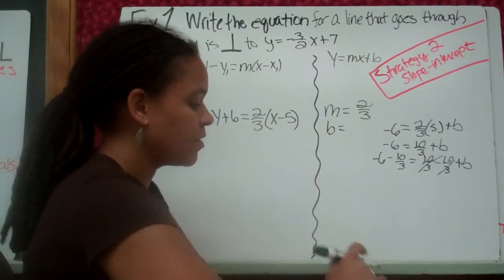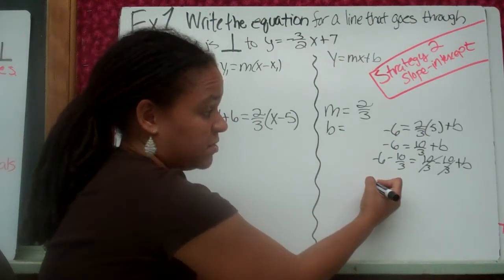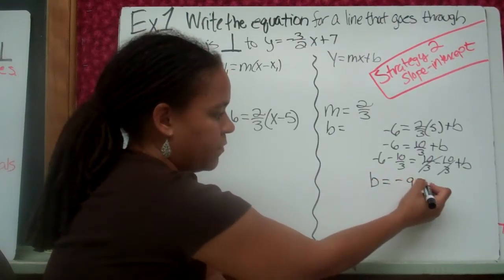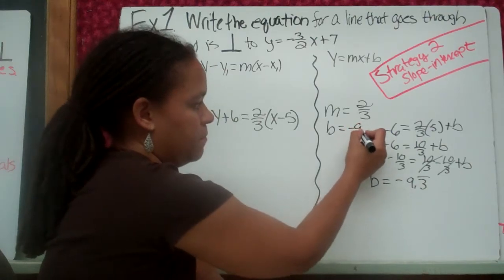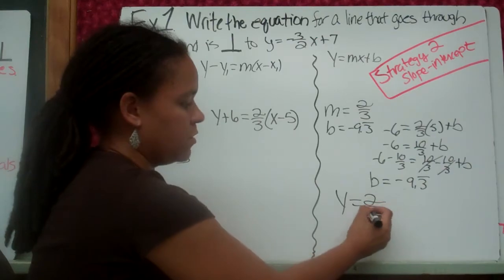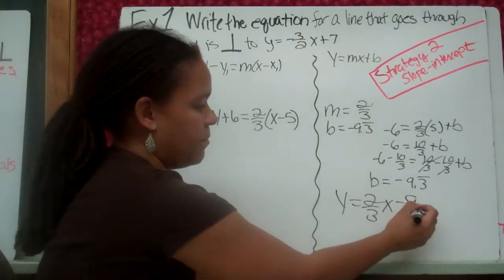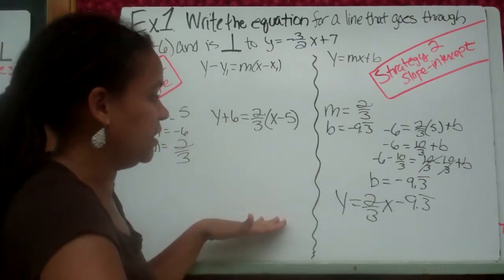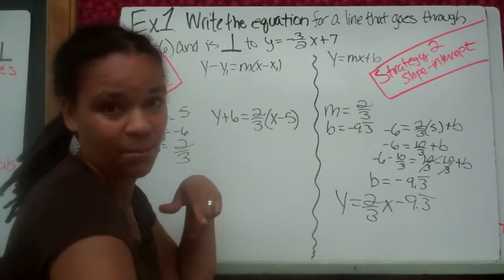Doesn't matter, either way. I'm going to write it as a decimal, -9.3 repeating. So our equation would be y equals 2/3 x minus 9.3 repeating. If you tried this and solved it all the way down, you should have ended up with the same thing here.